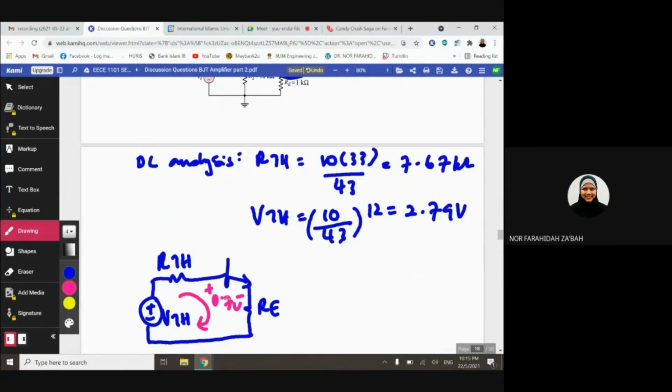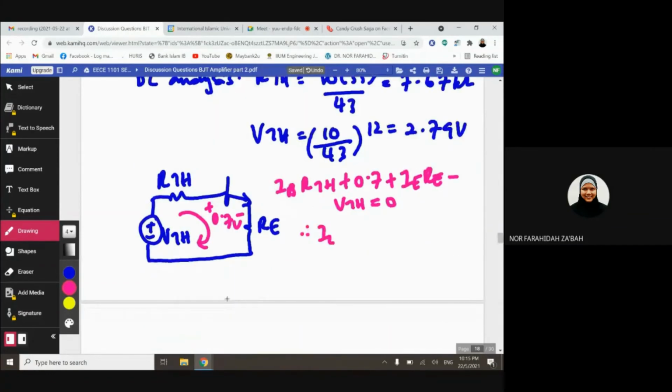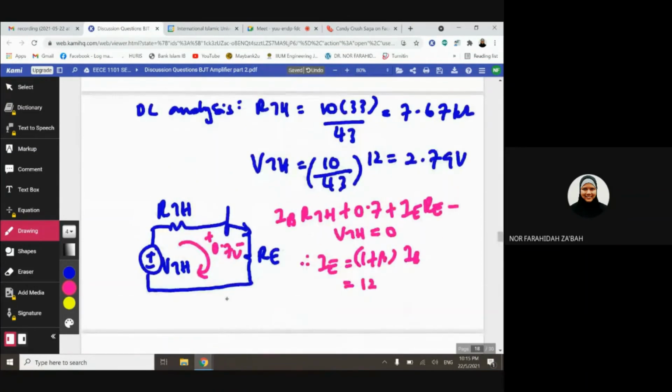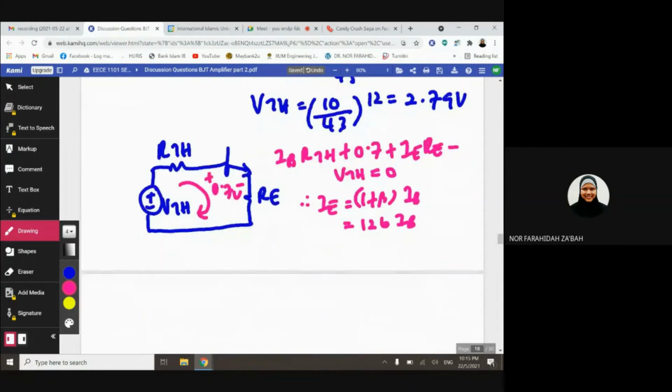Do your KVL. So I have IB RTH plus 0.7 plus IE RE minus VTH equivalent to 0. IE is equivalent to 1 plus beta IB, so I have 126 IB. IB is equivalent to 2.79 minus 0.7 over RTH plus 126 multiplied with RE.